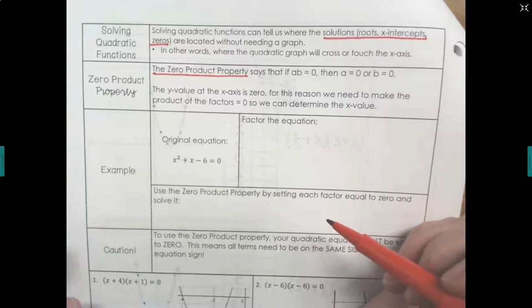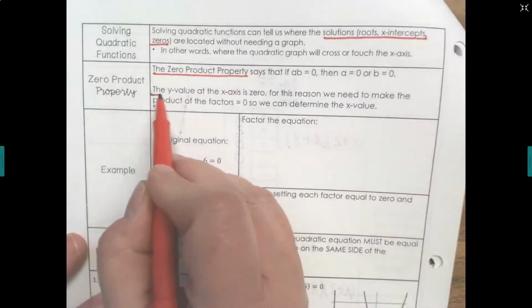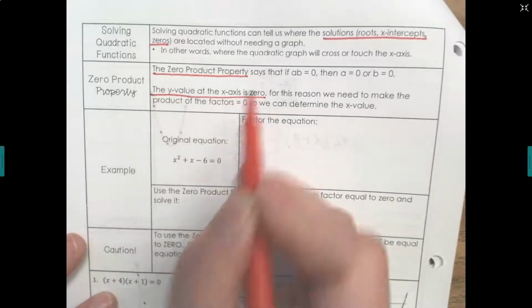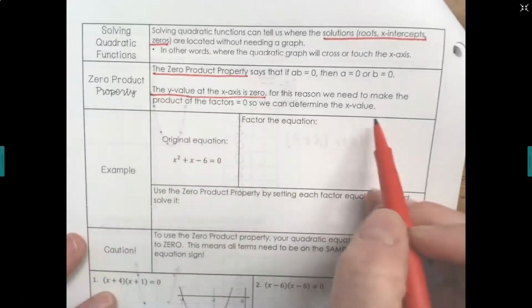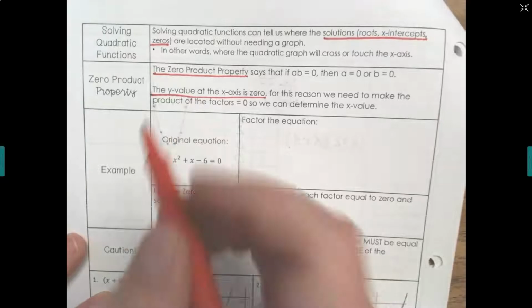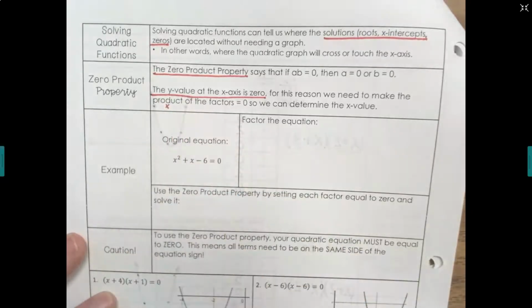How that relates to us is the y value at the x-axis is 0. So for this reason, we want to make the product, meaning the things that we multiplied together, the product of the factors equal 0, so we can determine the x value. Okay, so that's some fancy math talk. Let's really talk about what we're talking about here.